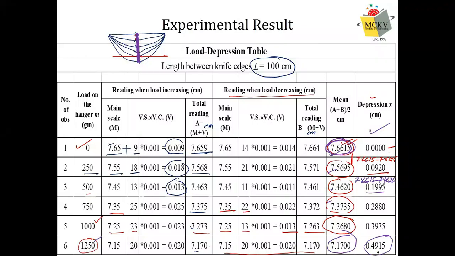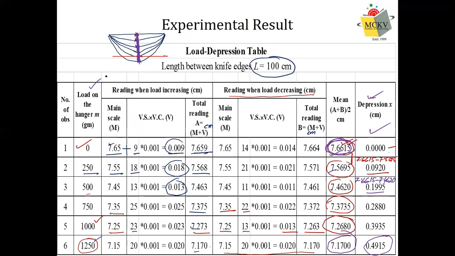whether Hooke's law is valid or not, that means stress is proportional to strain within the elastic limit, is it so? We need to check. That means if we plot this depression, which is representative of the strain, with load, which is representative of the stress applied, then their dependency should be linear.